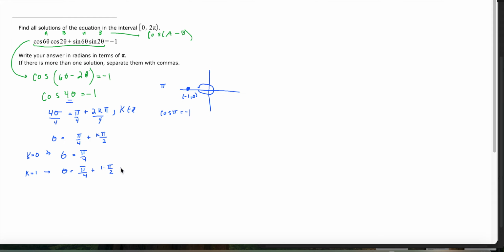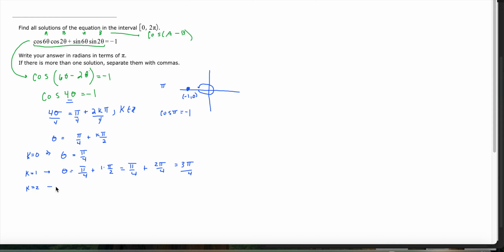Remember, we need a common denominator. So I'm going to look at this as pi over 4 plus, multiplying by 2 over 2, 2 pi over 4, or 3 pi over 4. And 3 pi over 4 is still less than 2 pi, so that is a solution I would include.